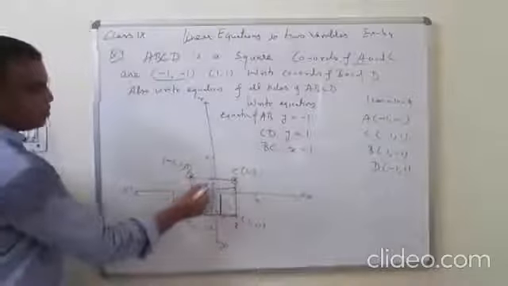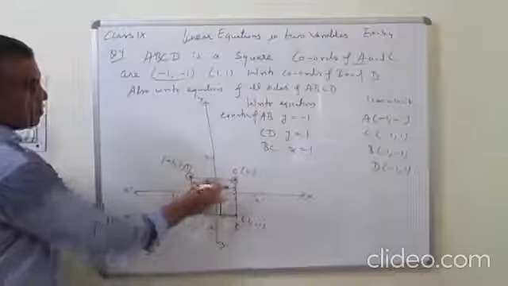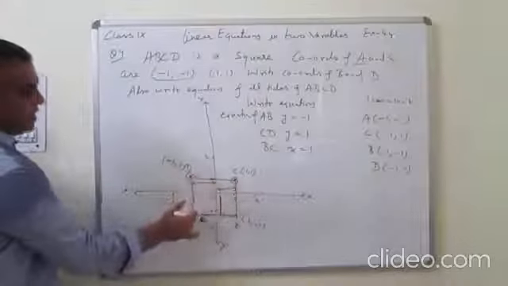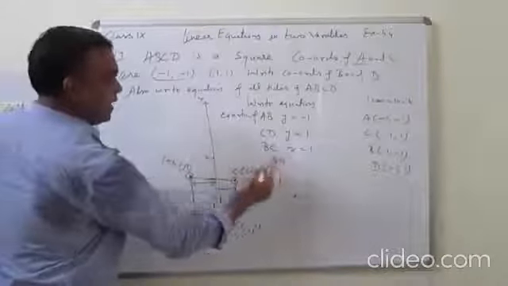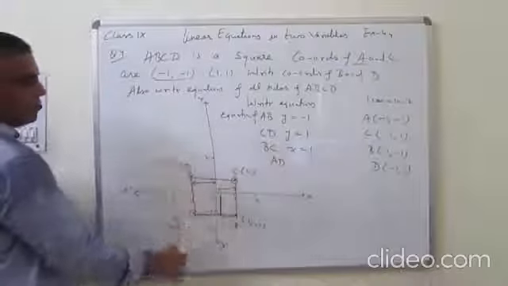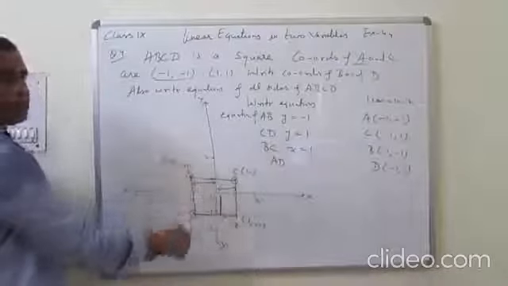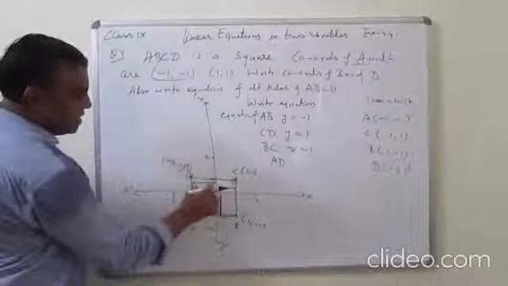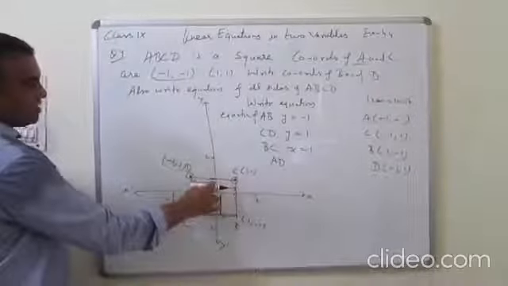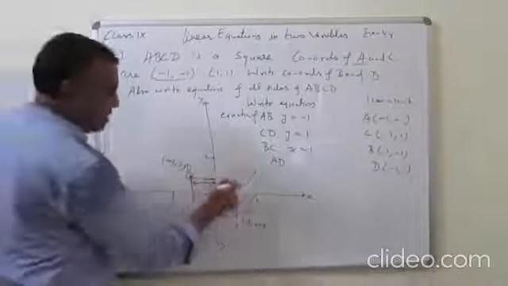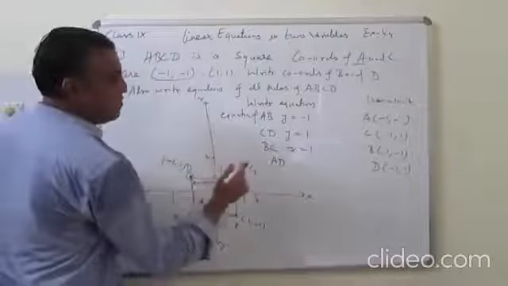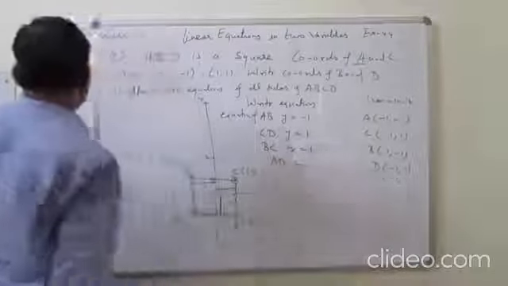And what is the equation of AD? Equation of AD, it is also parallel to y axis, and the distance is how much from y axis? 1. So x is equal to, and it is in the left direction towards x dash, so x is equal to -1.